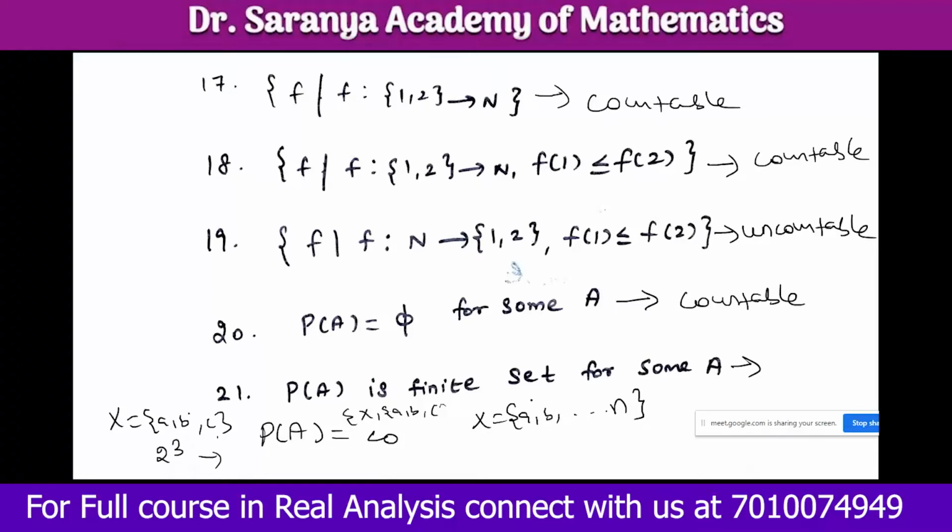Yes or no? The power set of a finite set is 2 power n. Is it countable? The power set of a finite set is finite for some A. So X is equal to this set, and 2 power n is also finite, right?